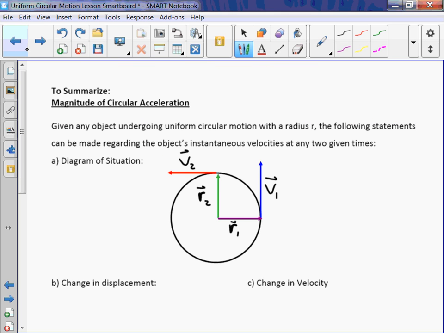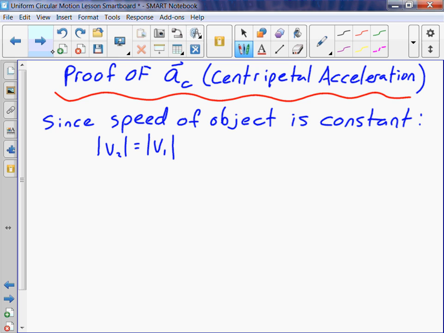Alright, so since our object's speed is constant, the magnitude of the two velocity vectors is the same.